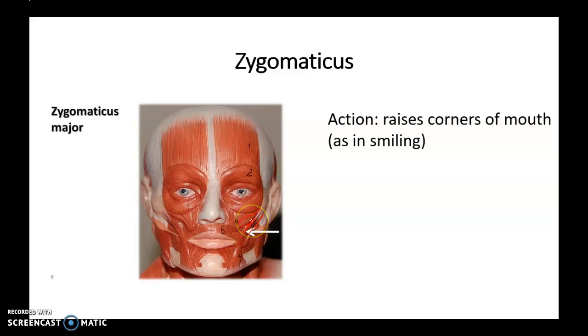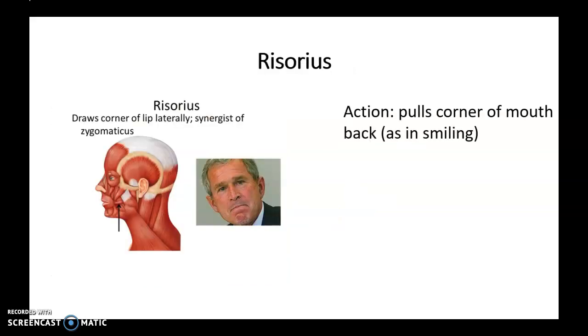The white arrow is pointing to Zygomaticus major, and on top, this part is Zygomaticus minor. However, again, for A and P class, you need to know that it is just Zygomaticus. Okay, and this is your smiling muscle. As you smile, this muscle helps to raise the corner of our mouth.